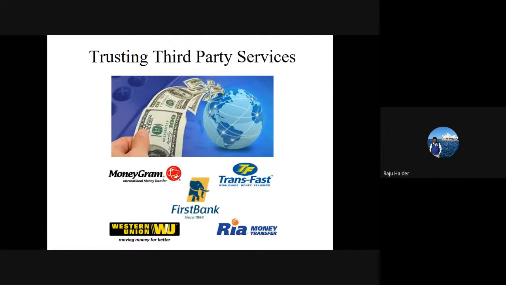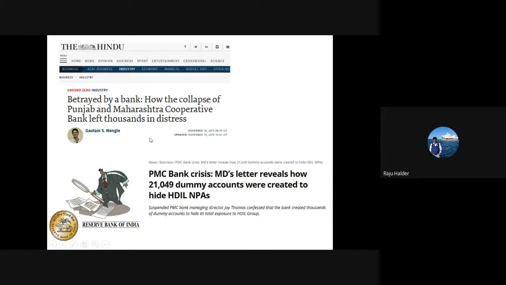Because a third party is not trusted, number one, and the second one is that it incurs a lot of service charges. In fact, very recently you have also heard a lot about the Punjab Maharashtra Cooperative Bank, right? Even though RBI is there, somehow RBI could not find all these things prior to this kind of crisis, right?